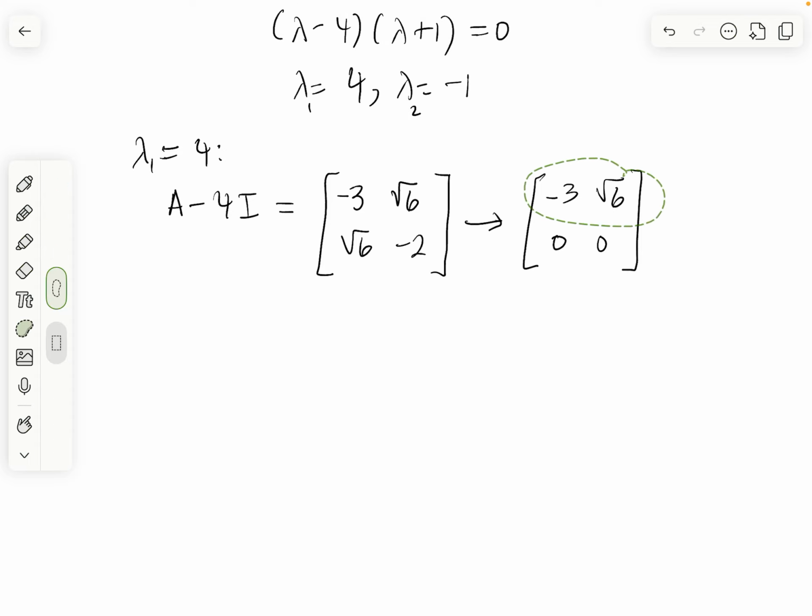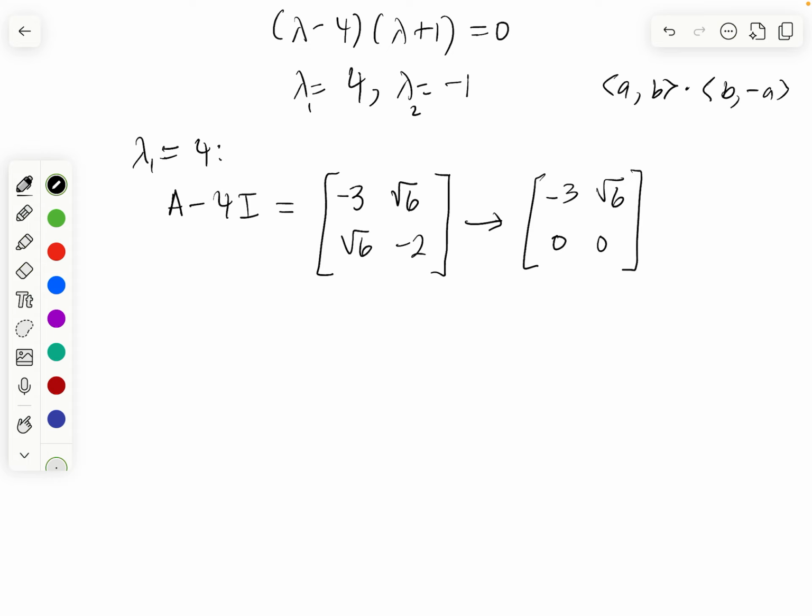Do you know the trick to find a vector that's orthogonal to a vector in R2? If you have some vector like (a, b), if you take the dot product with (b, negative a), then you're just going to get 0. So you can just swap the order and then put a negative sign. Or if you do (a, b) dot (negative b, a), you're also going to get 0.